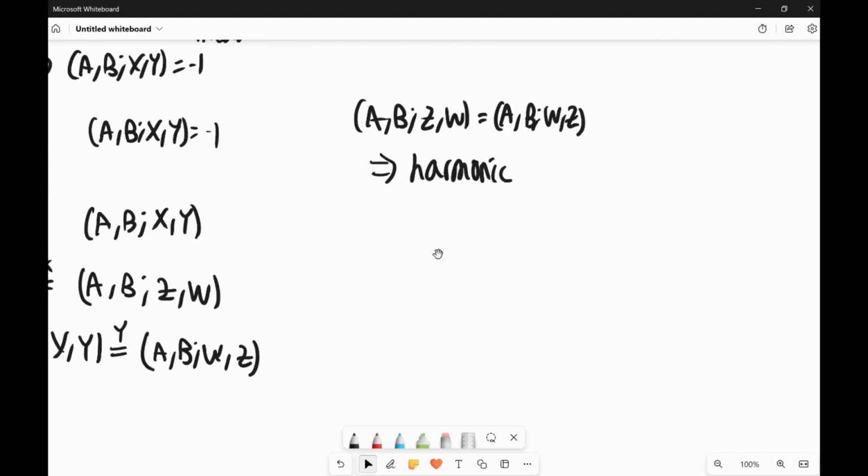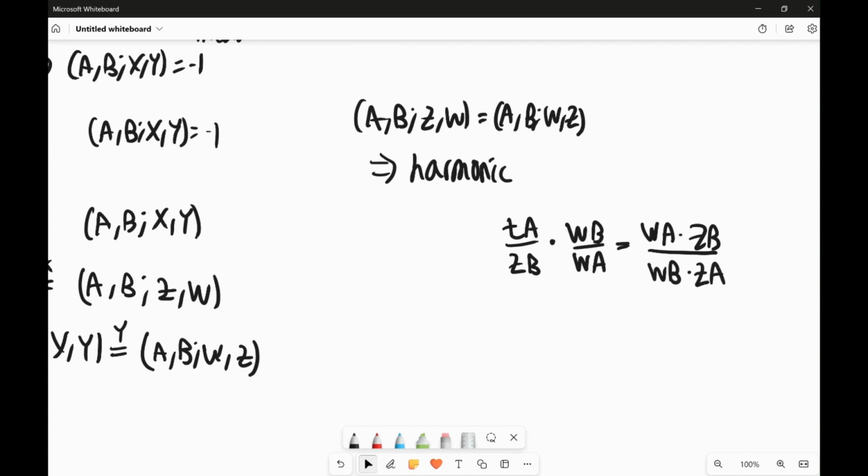And to see why, let's take the definition. We have ZA over ZB times WB over WA is equal to WA times ZB over WB times ZA. And hence these are inverses of each other.